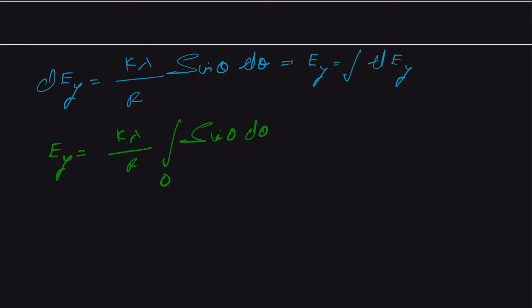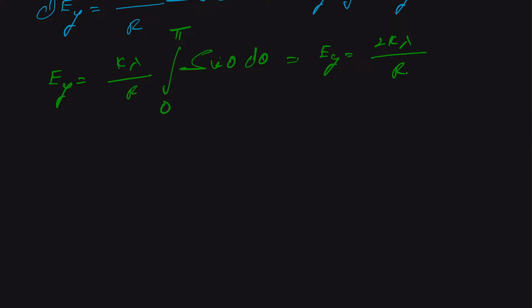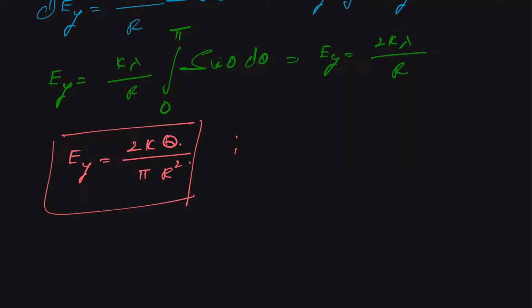The total electric field Ey is the integral of this vertical component. Taking k lambda upon r as common, we get sine of theta d theta, with theta varying from 0 to pi. The integral is 2, so the total electric field is 2k lambda upon r. Substituting lambda equal to q upon pi r, Ey will be equal to 2kq upon pi r square. So this is our electric field for the semicircle.